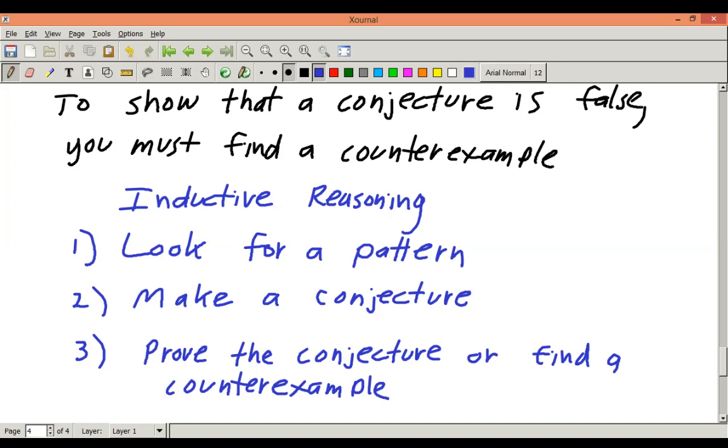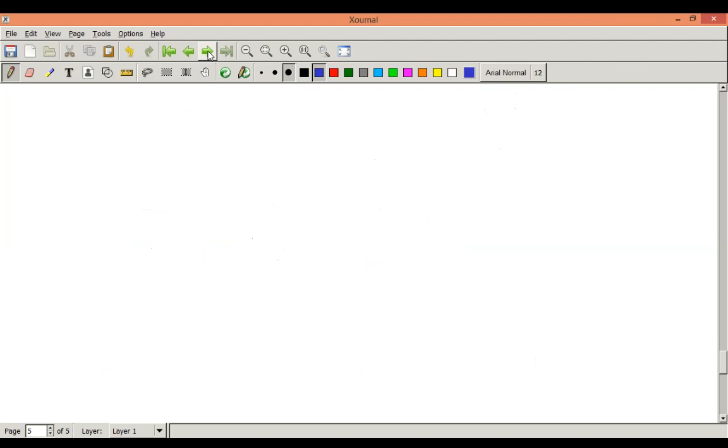Okay, so that's the process. Let's apply that process to one more example here, and then you should be able to do the assignment, which is posted. Okay, so here's our last problem. I think this is example 3.